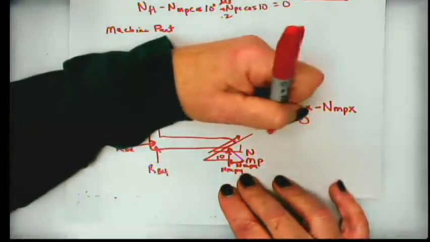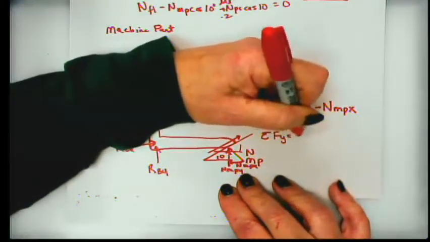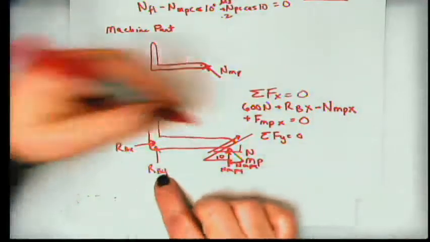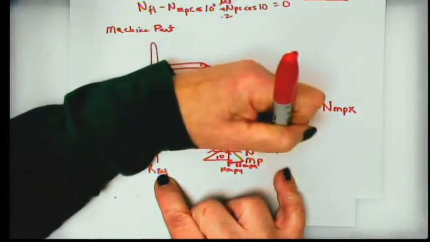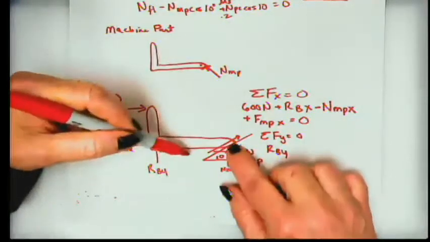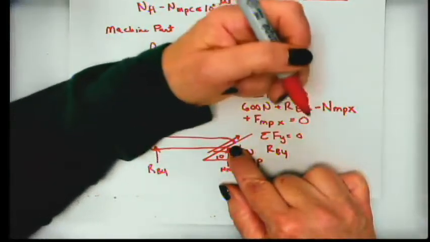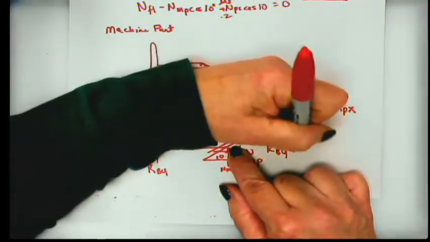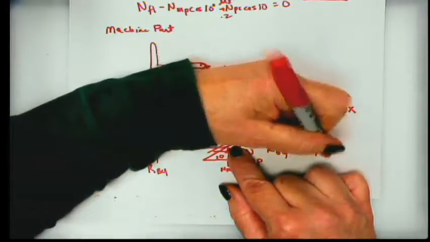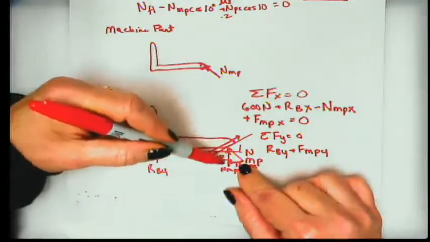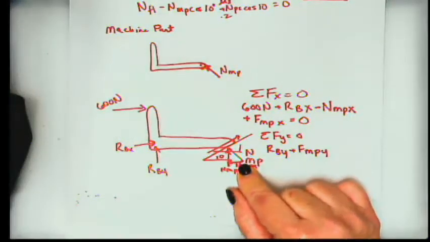Then in the y direction, these are both x, so all we have is RBY. But then we have plus the frictional force of the machine part in the y direction. And in the normal direction, we are also pushing up.